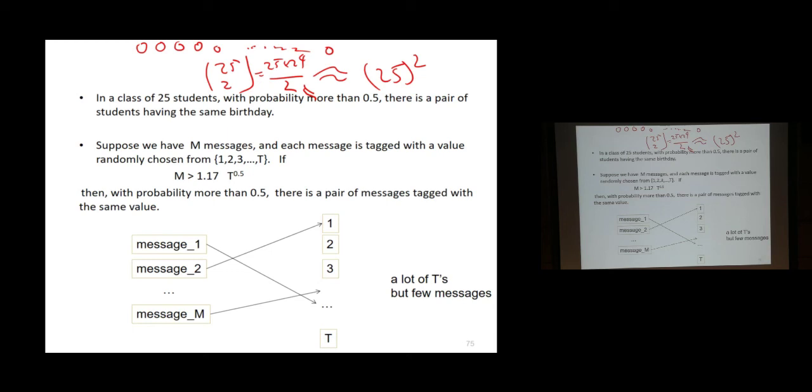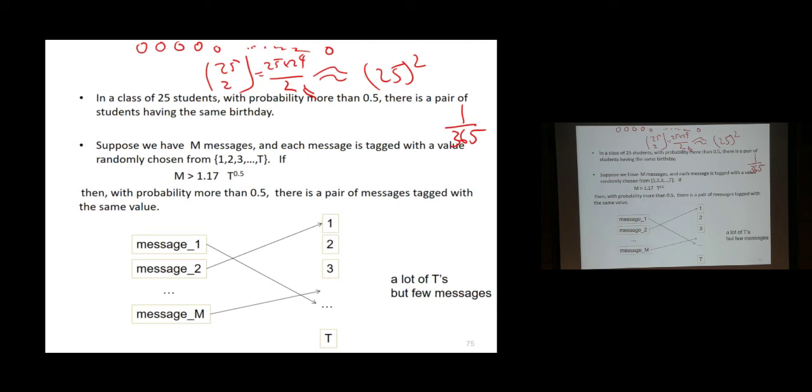For each pair, what is the chance that they have the same birthday? 1 over 365. From 25 persons, I form 400 pairs. Each pair has this probability 1 over 365 of having the same birthday. The chance is very low, but how many pairs do I have?